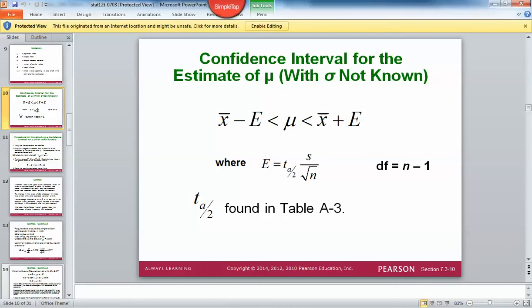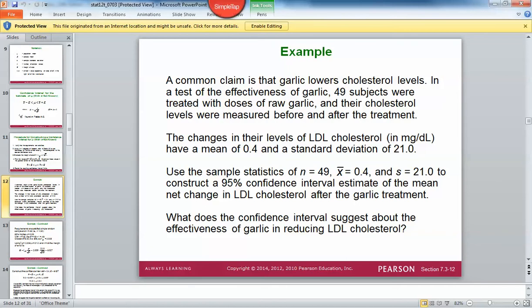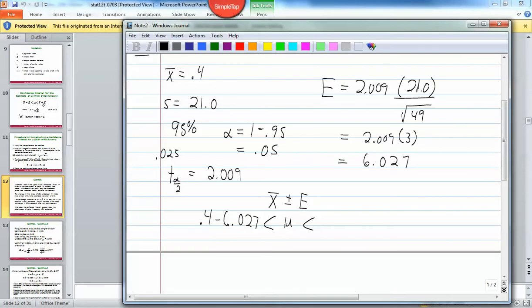Let me double check all of those values. Yeah, that just seems really small. Okay. All right. And then you say 0.4 plus 6.027.